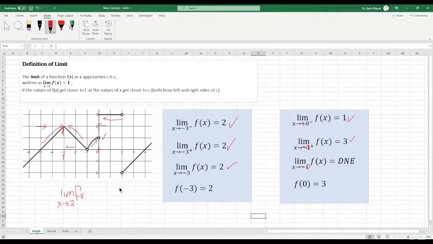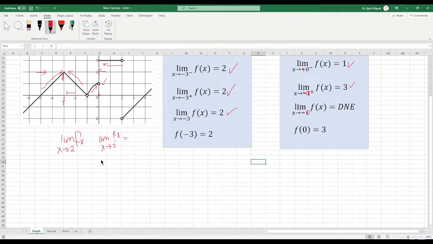I look at the limit of x approaching 2 from the left side of f(x), and then also the limit of x approaching 2 from the positive side of f(x). Coming from this direction to 2, I find it is equal to 3.